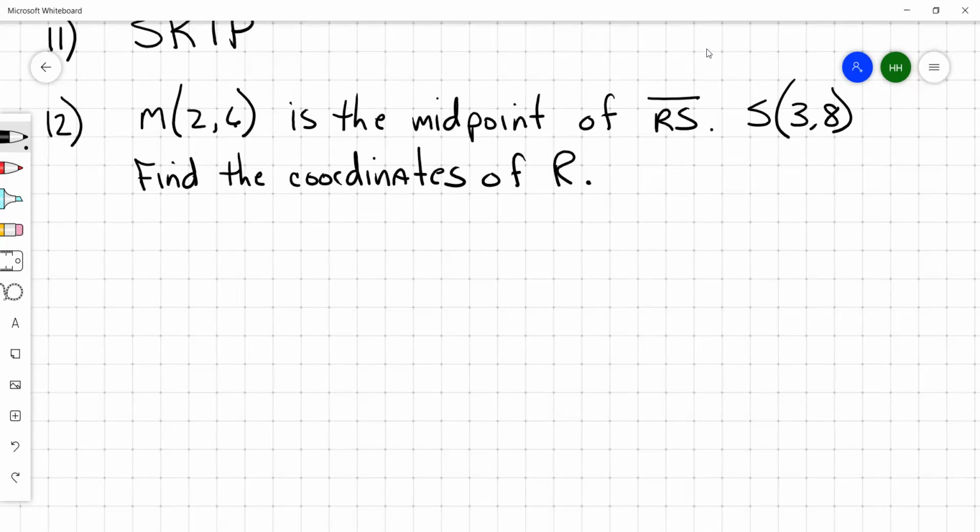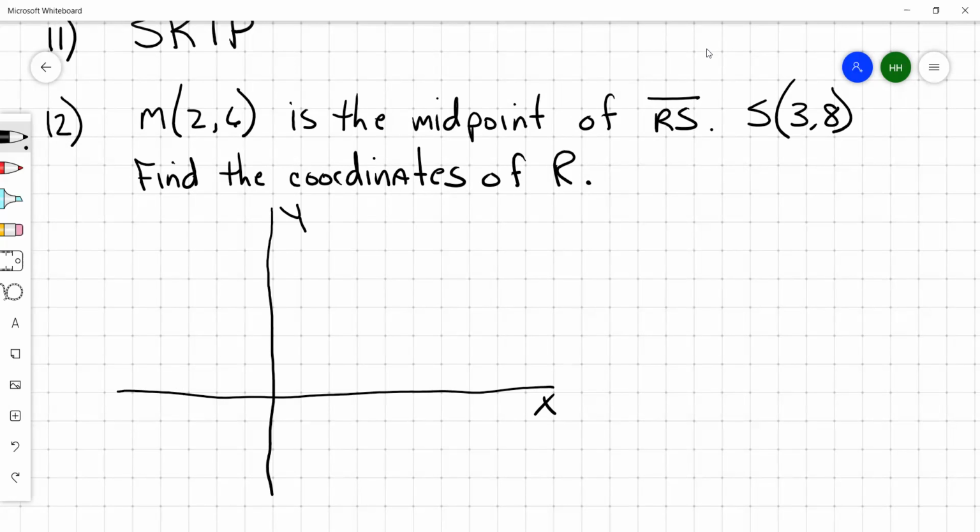I'm going to show you two ways to do this problem, okay? One way to do this problem is you can sketch a graph of your XY axis. You can put M on there, which is at 2, 6. Here's point M. It's the midpoint. S is at 3, 8.